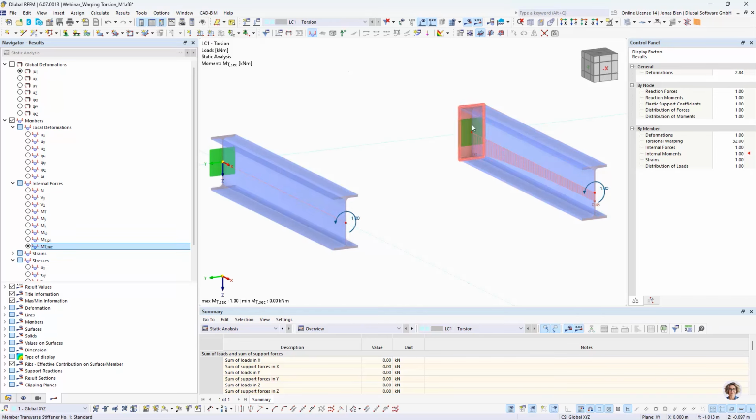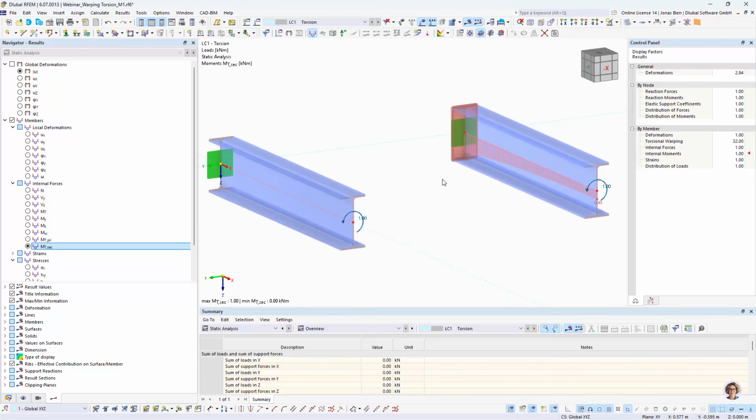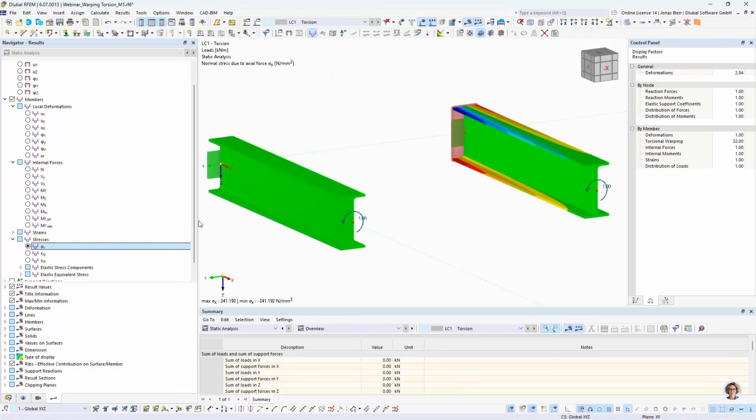And at the restraint, basically everything goes into secondary torsional moment. And as we said before, the integral of that should be the warping moment. So we can see in this case where we have a warping constraint at the end, we also get significant warping moments, which actually give us these axial stresses in the section.